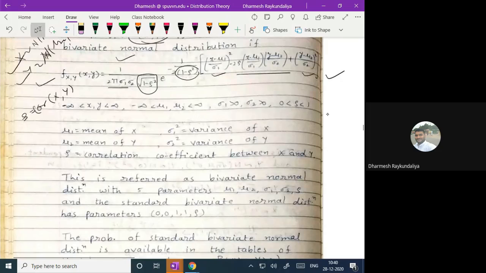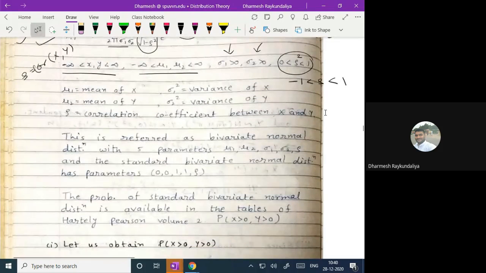What is the range of X and Y? Because X and Y are jointly bivariate normal, the range is minus infinity to infinity. Mu 1 and mu 2 are also on the real line, minus infinity to infinity, and both sigma 1 and sigma 2 are greater than 0. The value of rho is between minus 1 and plus 1.